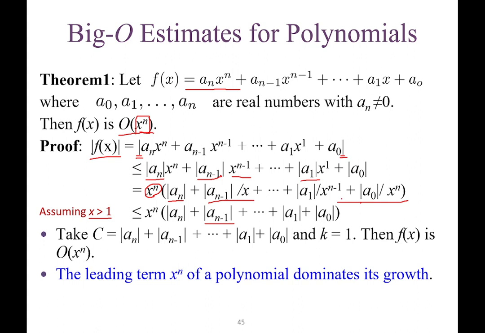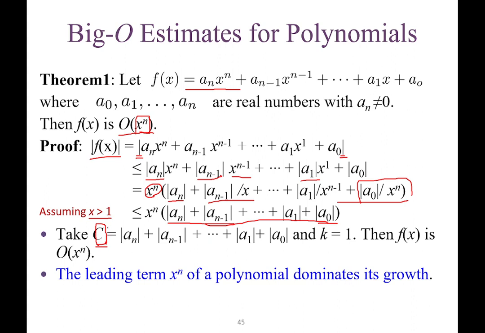And the remaining terms have the same result, because we have a0 divided by x to the power of n. Once x is larger than 1, this value is less than a0. So we can write the summation of all coefficients a_n, a_{n-1}, to a1, a0 as the remaining terms, and consider the summation of all these terms as c.